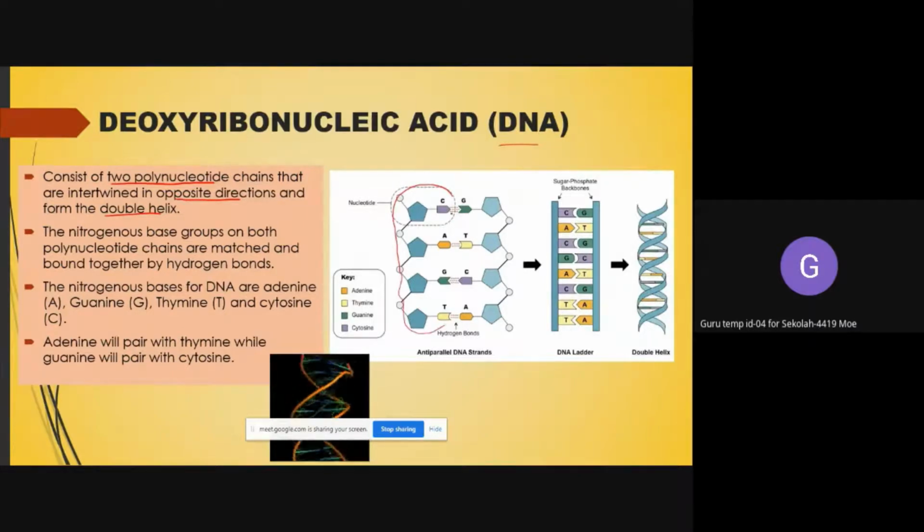Satu. Dua. Ini satu ni ialah nucleotide. Yang tadi ada phosphate group, pentose sugar, nitrogenous base. So ada dua polynucleotide untuk DNA.